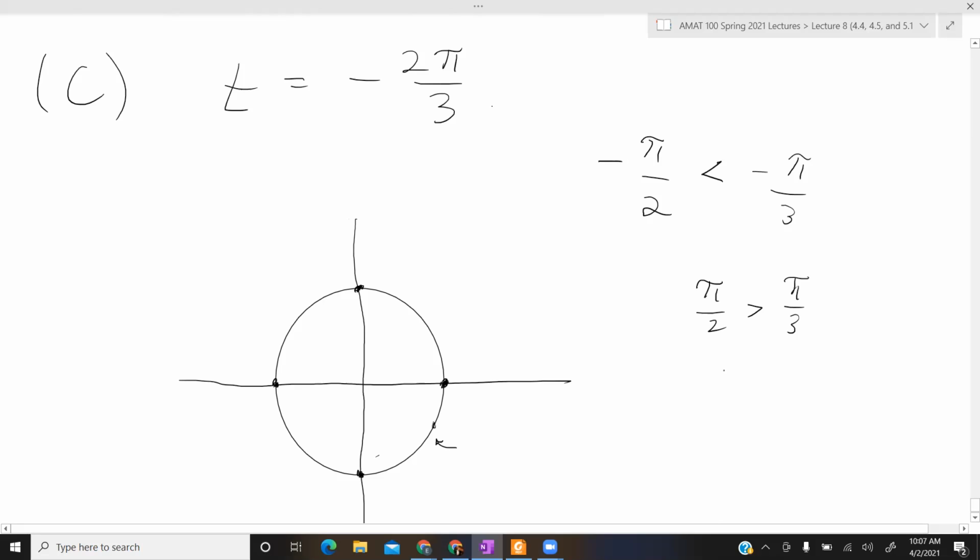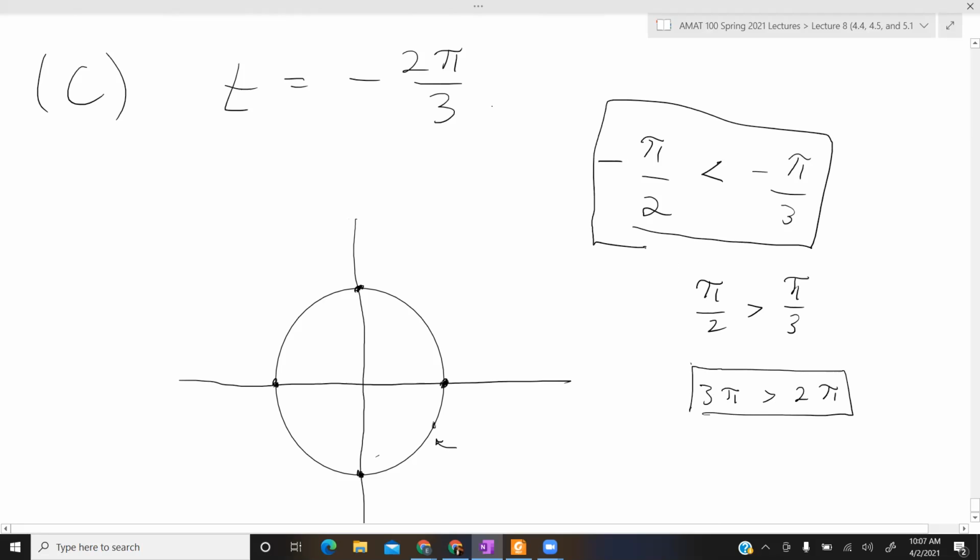If I multiply both sides by 3 or 6, I get 3 pi is greater than 2 pi. That's true. So because this is true, it implies that this inequality is true. That doesn't help me. Why does that not help?